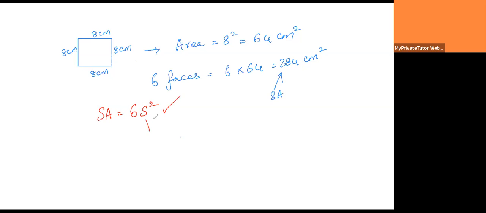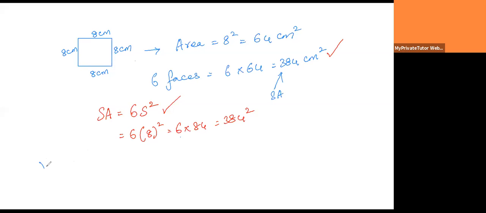Just find the area of each face separately and then add them together, and we'll get the total. That's what we did here. If you want to use the formula, 6 into 8 square is the same thing. 6 times 64, which is 384. We'll do that in the next shape.